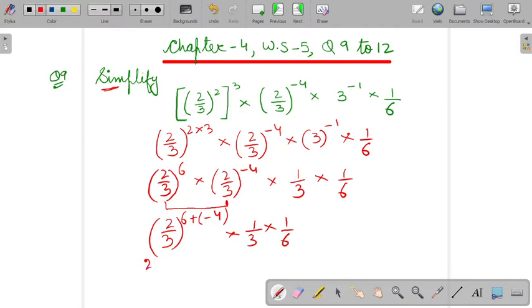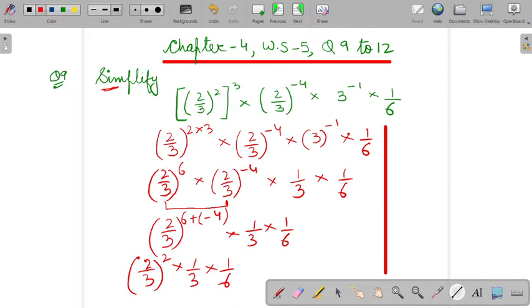So, it will be 2 by 3, 6 plus minus 4. So, 6 minus 4 will be 2. Multiply 1 by 3 multiply 1 by 6. So in next step, what will you do? You will solve it by opening the bracket.